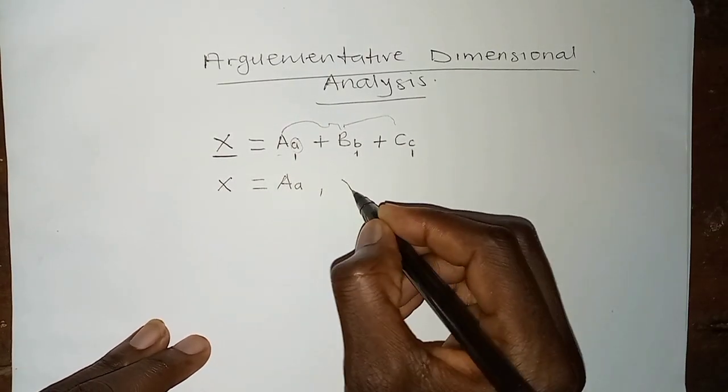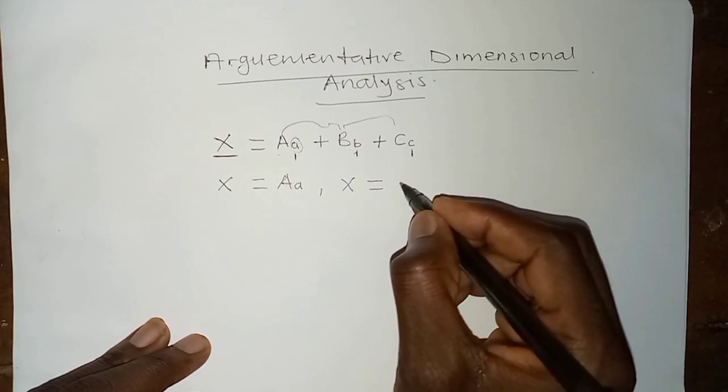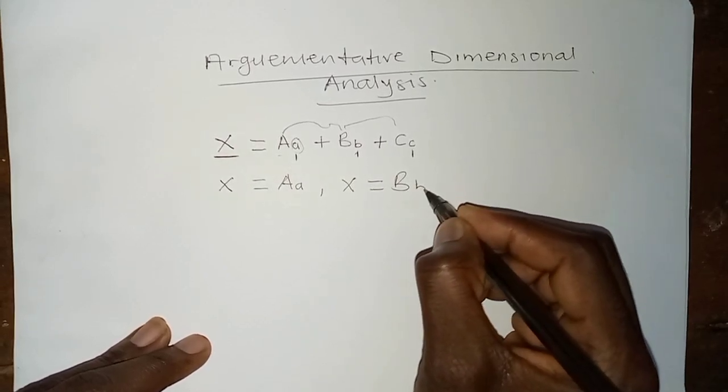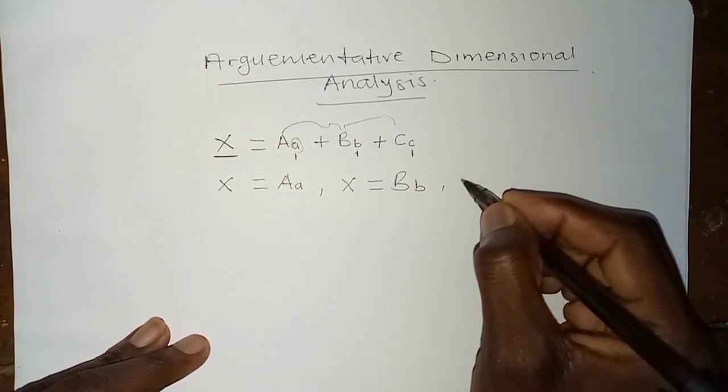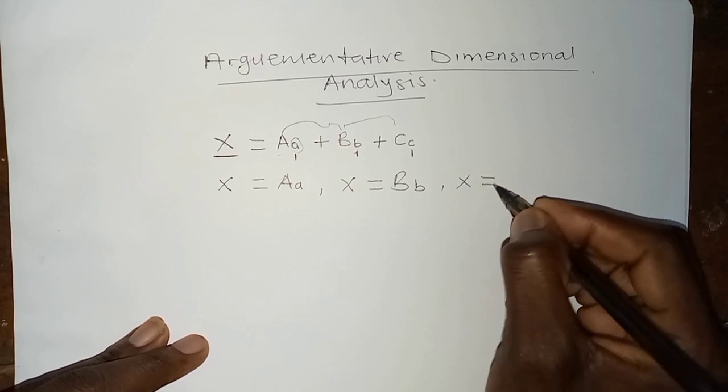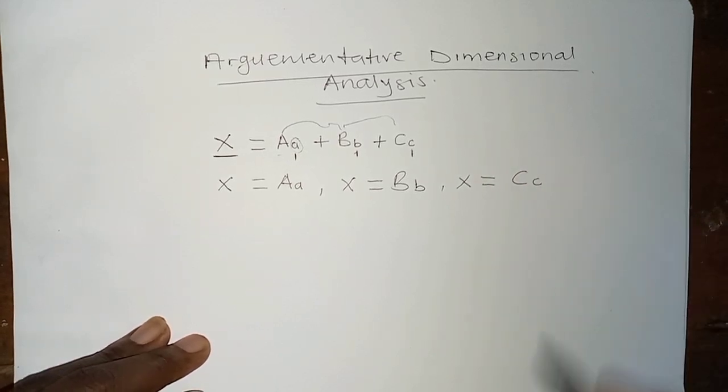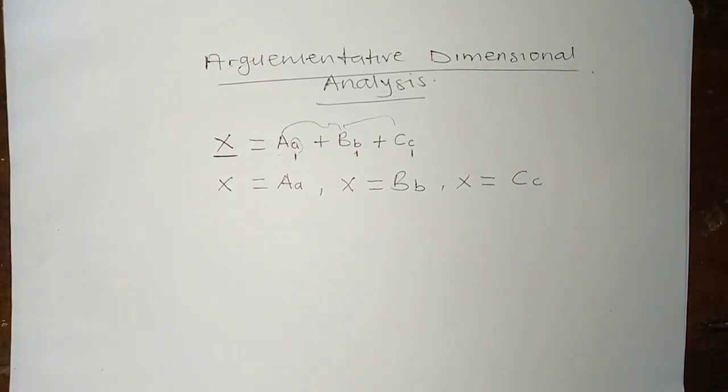You can also equate this x to capital letter B, subscript b, and finally we are going to equate again C, subscript c. In short, when using argumentative dimensional analysis, the thing you're supposed to do is equate what is on the left hand side to every independent quantity on the right hand side.